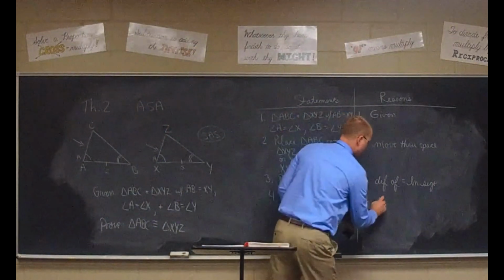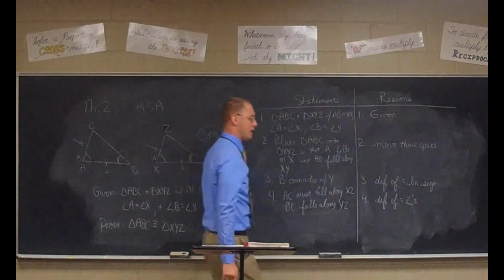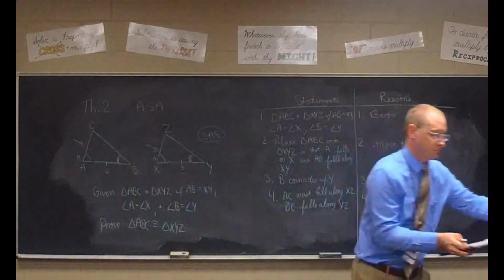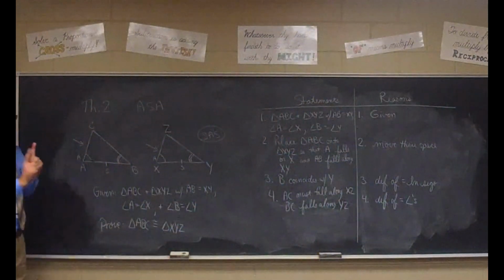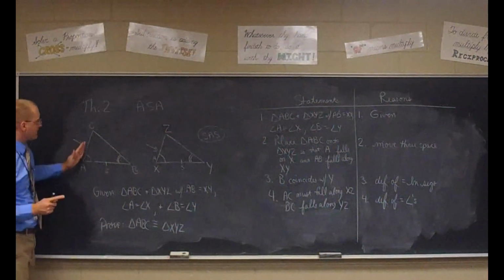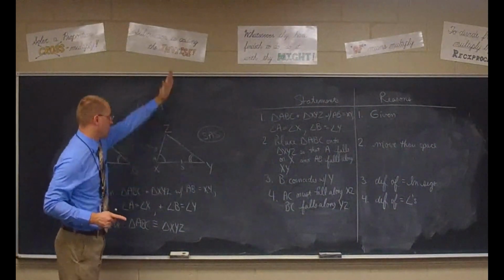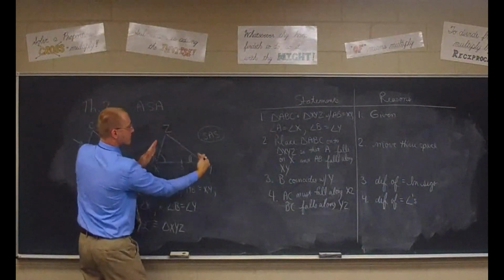That's the definition of equal angles. But here's the thought. AC now falls right along XZ. BC falls right along YZ.